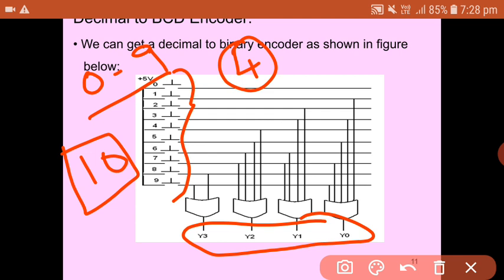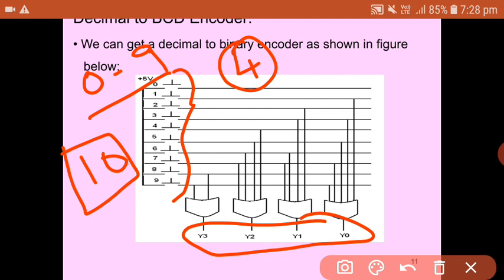So this is the circuit diagram for a decimal to BCD encoder, which will be used for converting a given decimal number into its equivalent BCD.